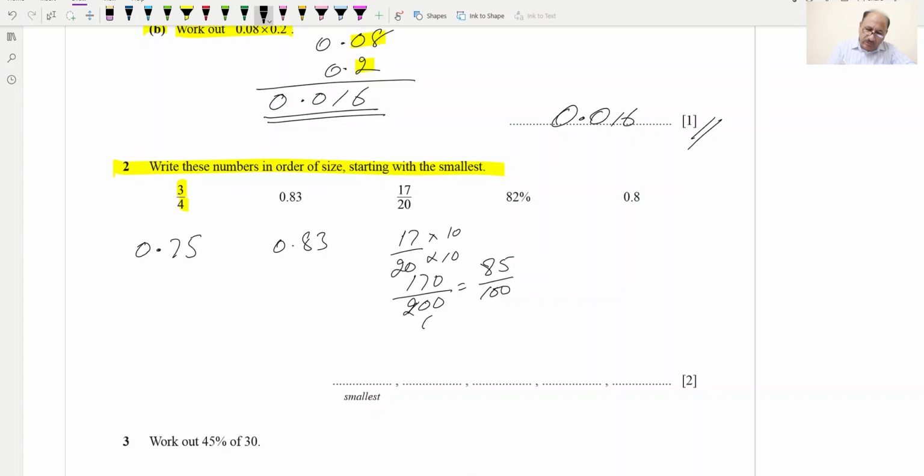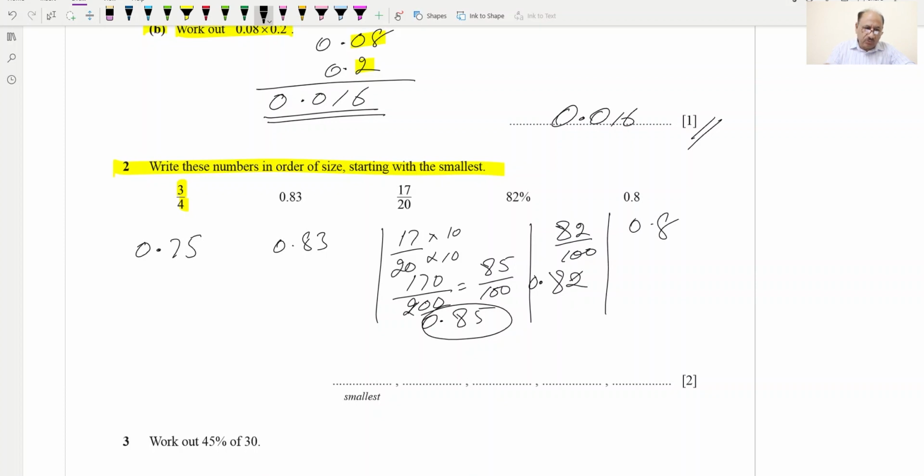So we can write this as 0.85, and 82% will be 82 over 100, which we can write as 0.82, and this is already 0.8. So now we can arrange. This is the smallest one, which is 3 by 4.